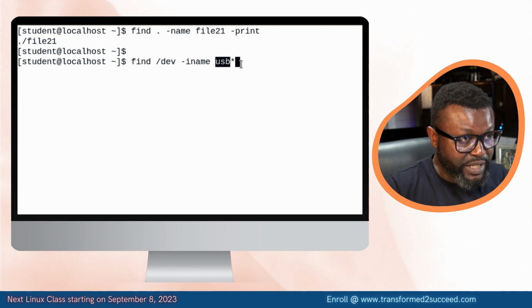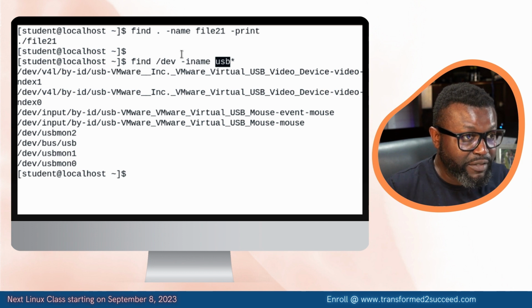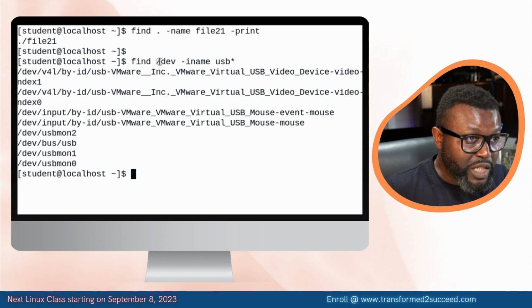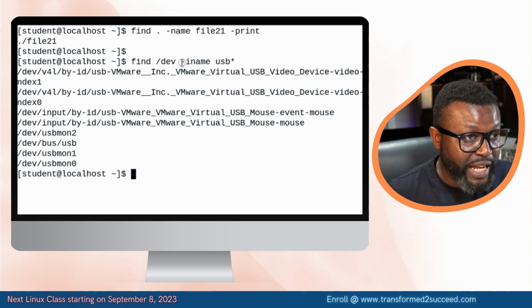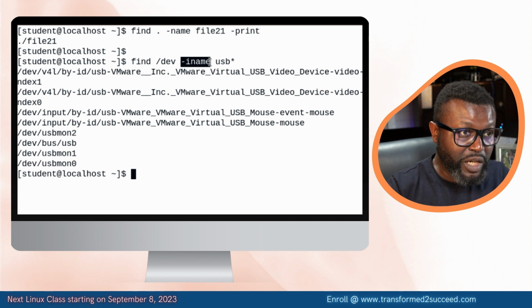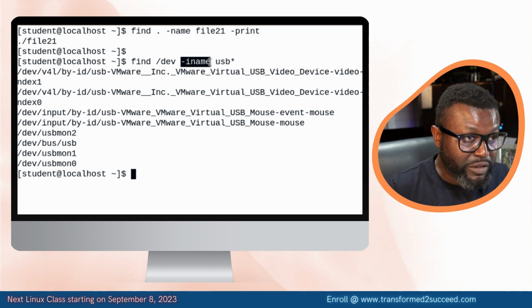Okay, so I press enter. This is what I have. What the find command did is it went to this path here, which is the dev directory. And then this is the option to use for what we were looking for.